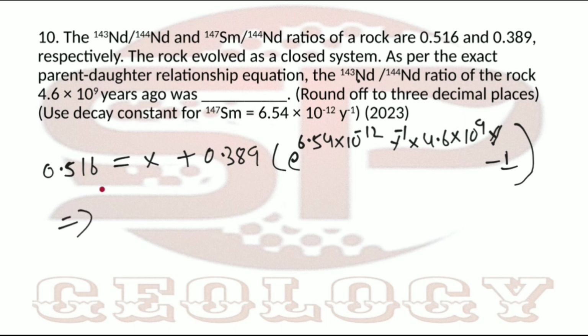If we simplify it, the answer will be 0.502. So x will be 0.502 or 0.503 approximately. That will be the answer. So during calculation, calculate these things separately. It will be easier.